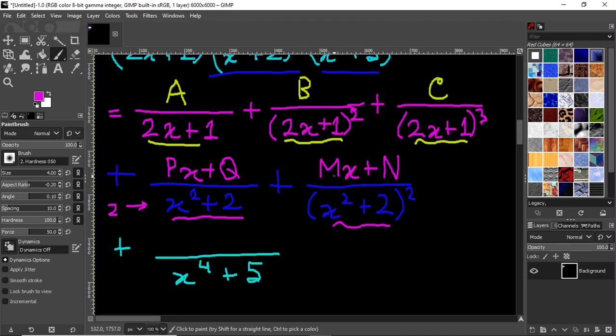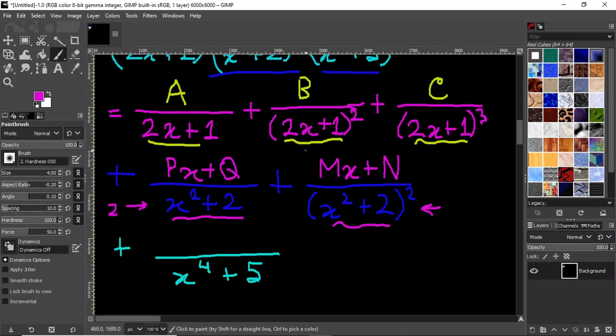And personally, a few years back I tended to get really confused about this. You have a square here, x squared plus 2 squared, so it's not exactly this denominator as a whole, it's not exactly a quadratic. So am I supposed to put x cubed here, or just a linear polynomial, or what?